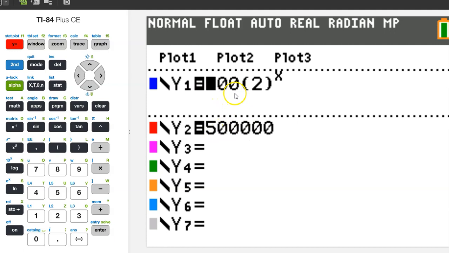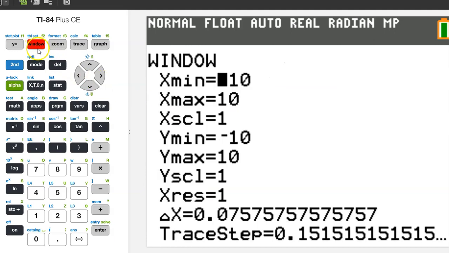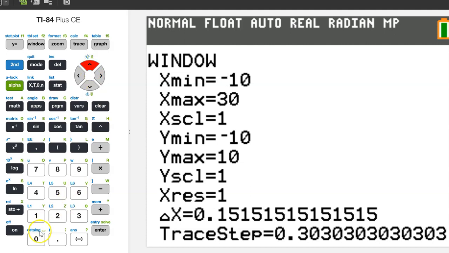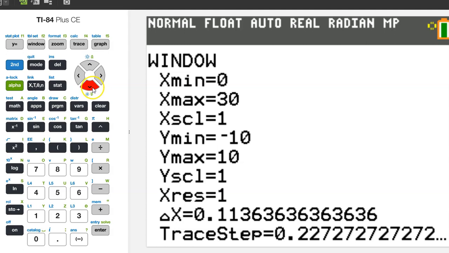So I'm just going to put in, let's say, an x max of 30, and I will make adjustments as needed. We don't need to deal with any negative time intervals, so let's let x min be 0. And let's let the y max be a million.